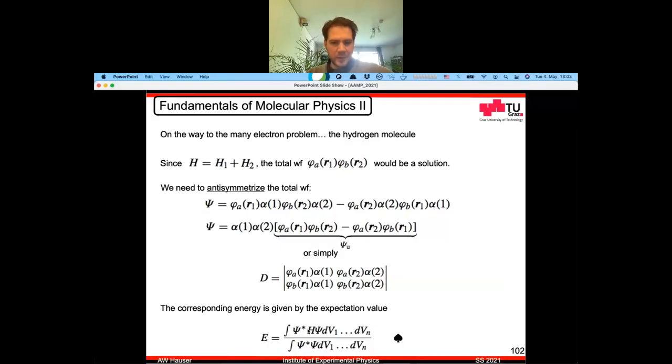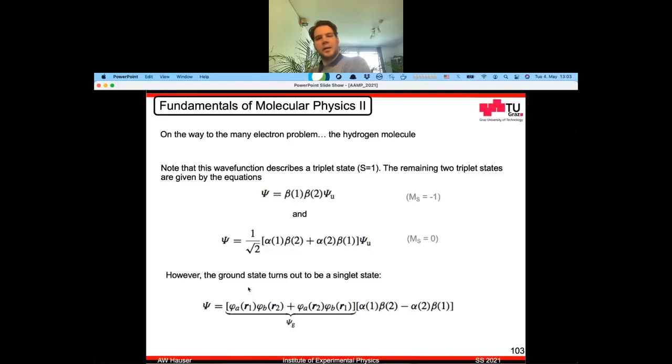So if we take the wave function and we take its complex conjugate, we multiply from the left onto h and are hitting psi on the right, and we divide by the overlap or the norm of our wave function psi, we get the corresponding energy of this 2 electron system. So we'll have to calculate these 2 integrals, one of them the Hamiltonian sandwiched, and the other one would be the norm.